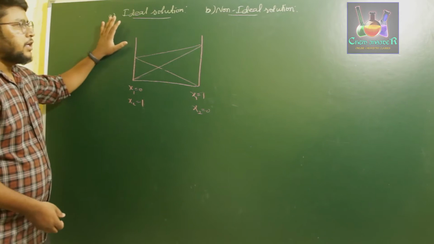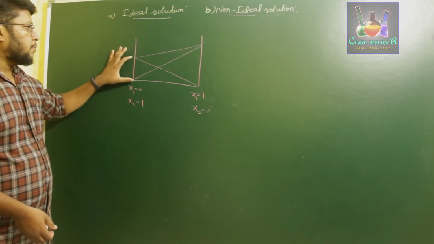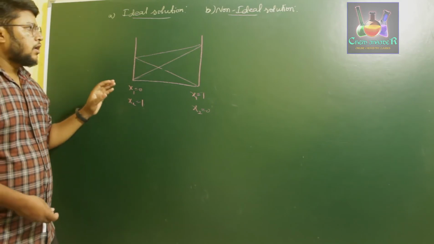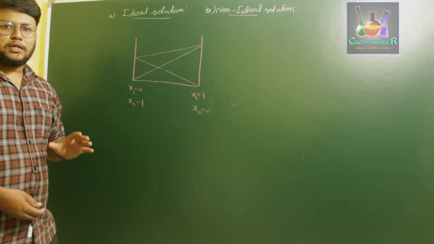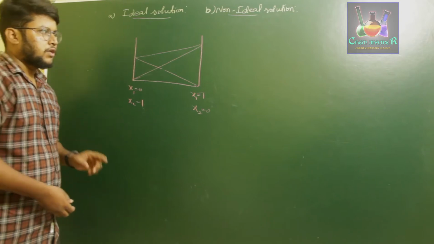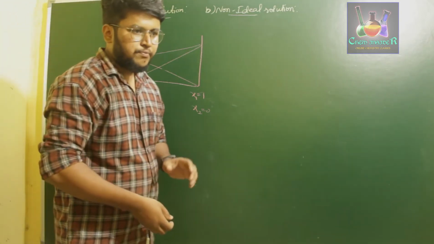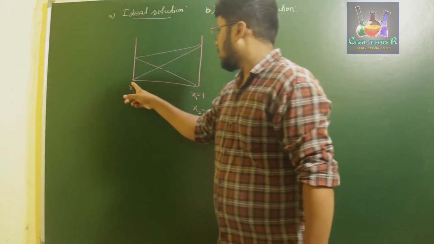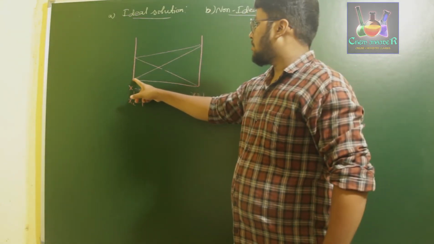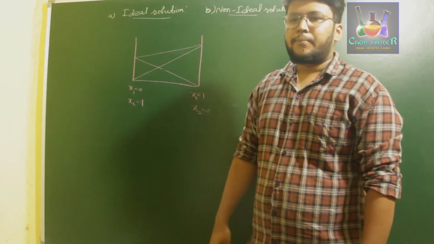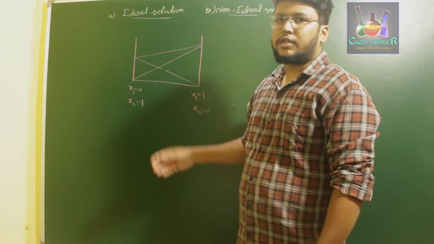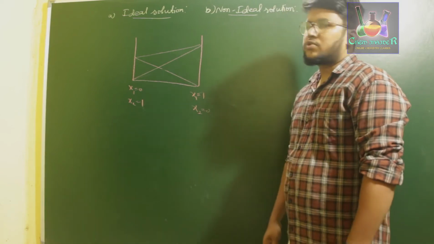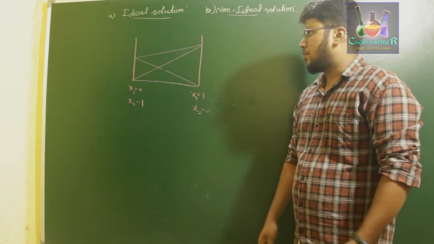An ideal solution is one in which we obtain the exact graph proposed by Raoult. If a liquid solution follows Raoult's law in all possible concentrations from here to here, it is following Raoult's law to a T, and therefore we call those type of solutions ideal solutions.